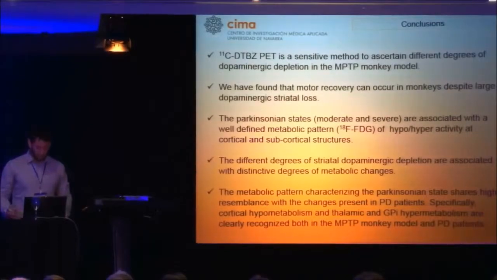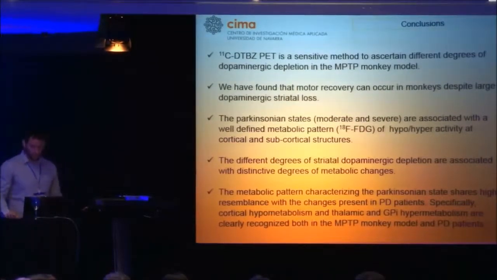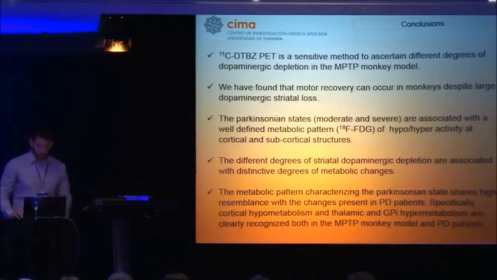To conclude, dihydrotetrabenazine PET is a sensitive method to ascertain different degrees of dopaminergic depletion in the MPTP monkey model. We have found that motor recovery can occur in monkeys despite large dopaminergic striatal loss. The Parkinsonian states are associated with a well-defined metabolic pattern and hypo- and hyperactivity at cortical and subcortical structures.